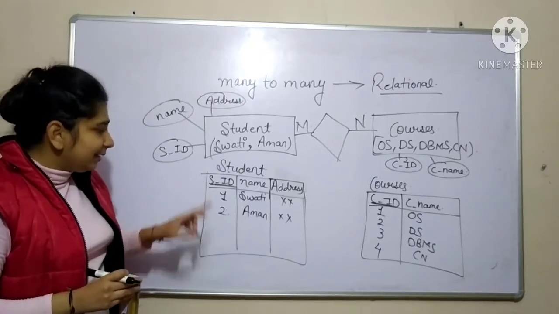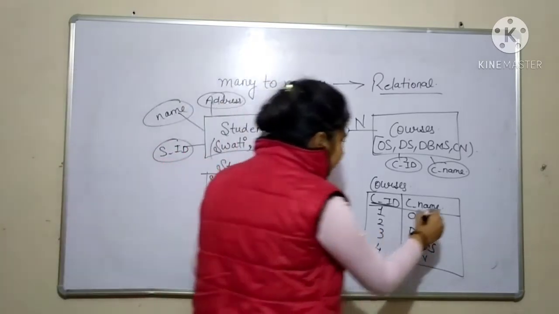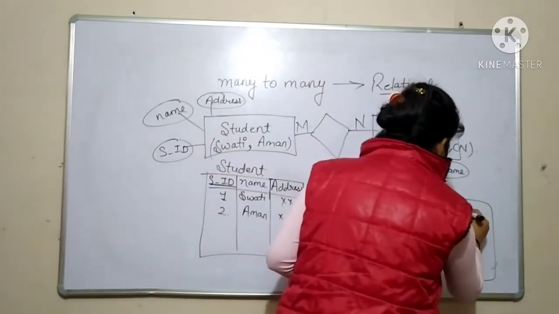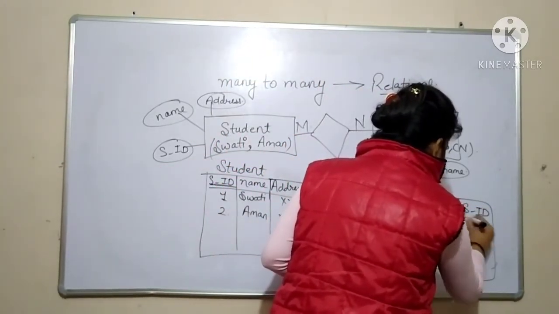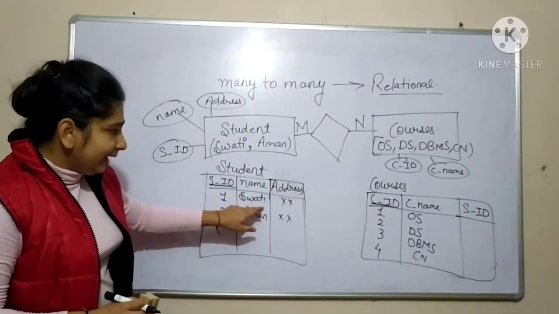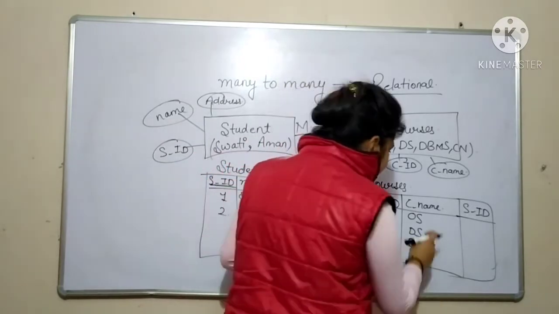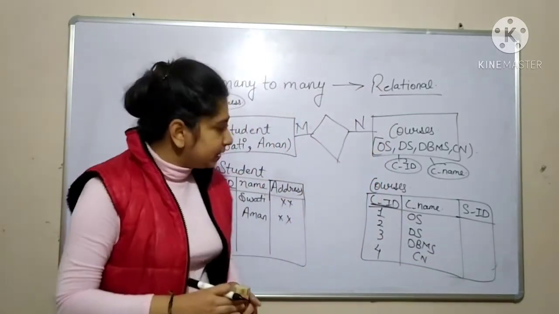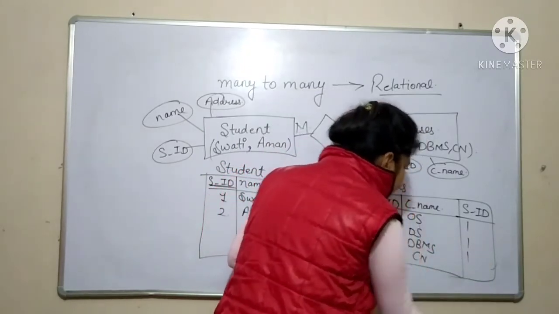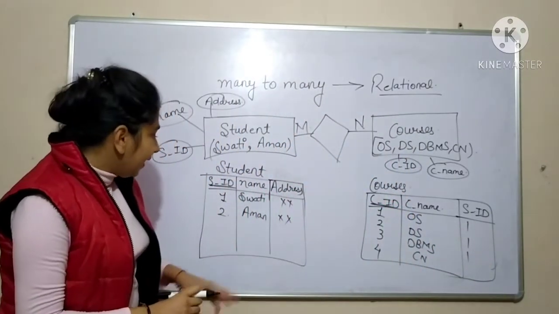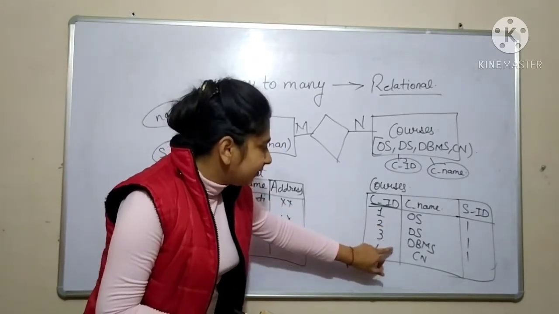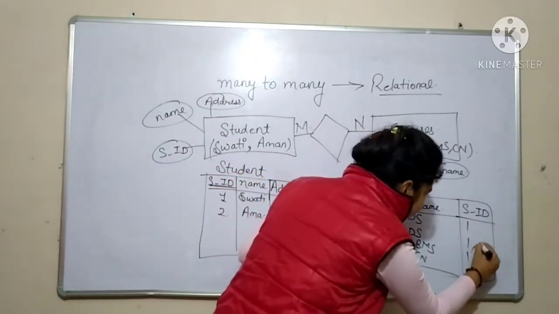Firstly, I am using this key attribute as a common attribute in this table, like student ID. Let's suppose Swati is studying these 3 courses, and Aman is studying the 2nd, 3rd and 4th courses, like this.